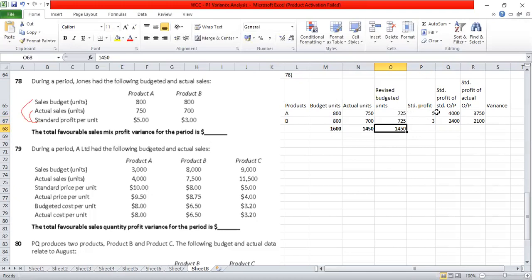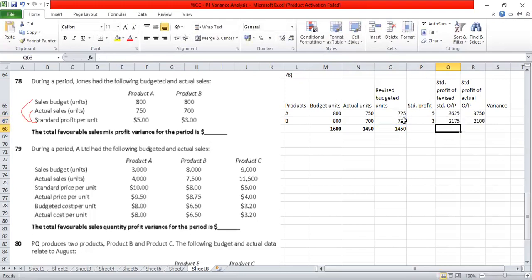Now the rest of the calculation, but here it will be the standard profit of revised standard output. It is not just the standard output. It is revised standard output. So we will have this one as 725 into 5. Then here it will be 725 into 3.